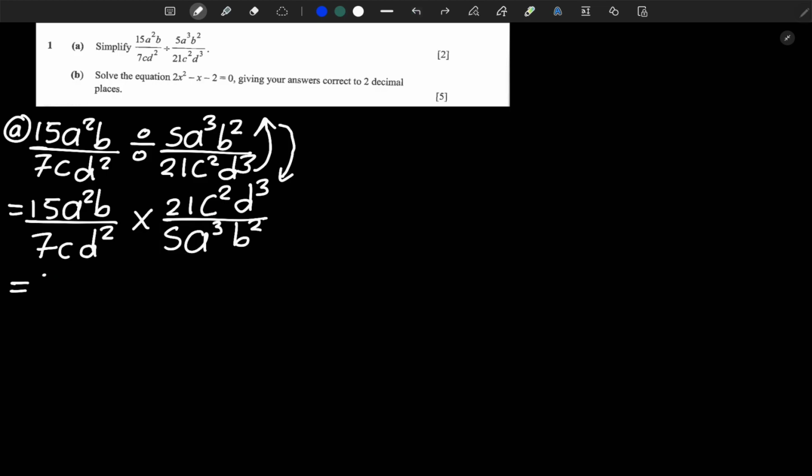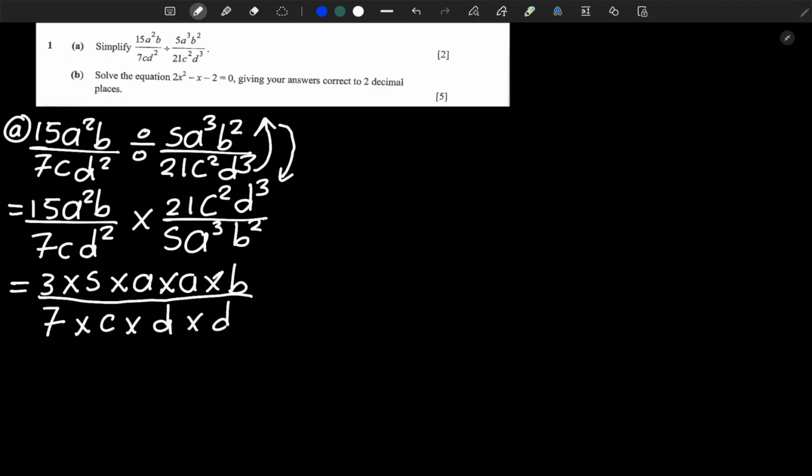So 15 is the same as 3 times 5, so that 5 is common here, times a times another a since we have squared, times b over 7 times c times d times d. So I've expanded the first part. We go to this part here. 21 is the same as 3 times 7.